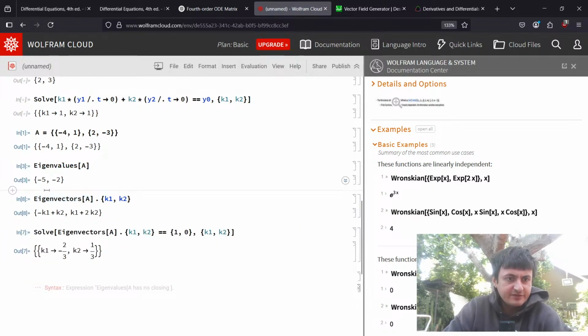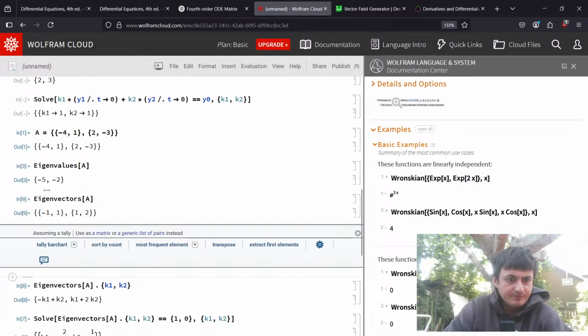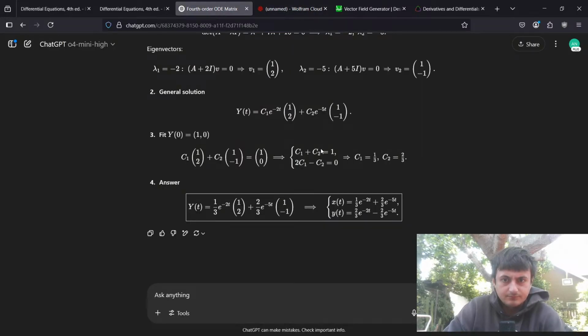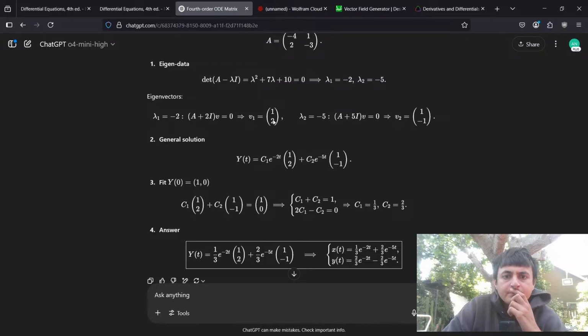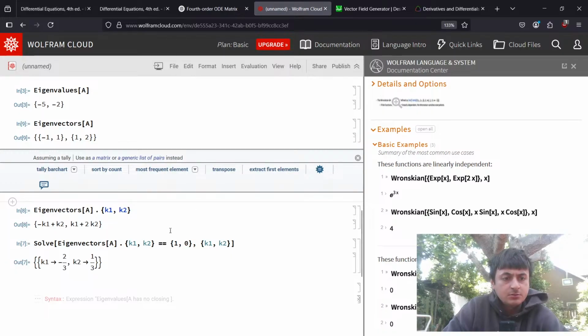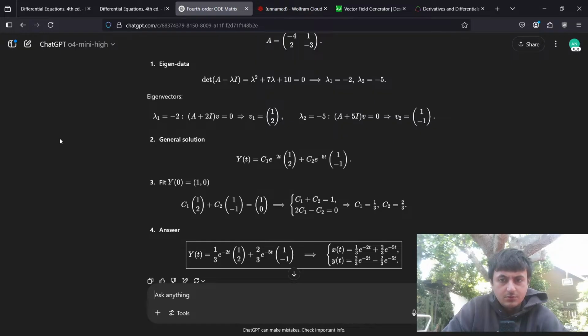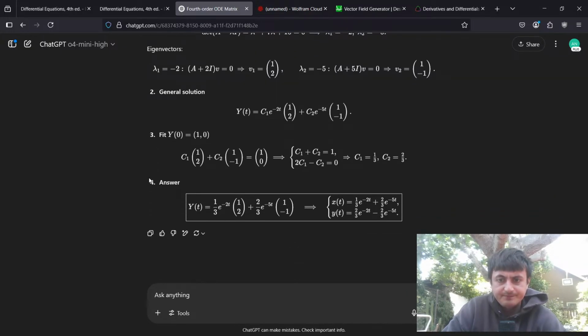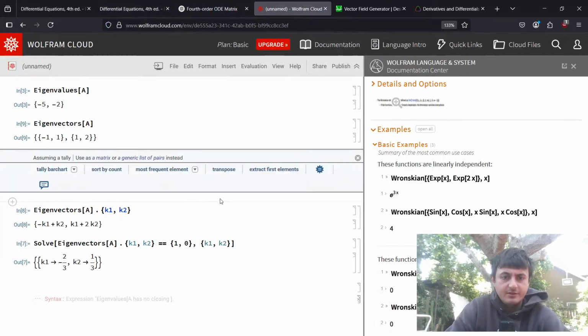Is it because the eigenvectors are like (1, 2) and (1, -1)? I think it's... wait.